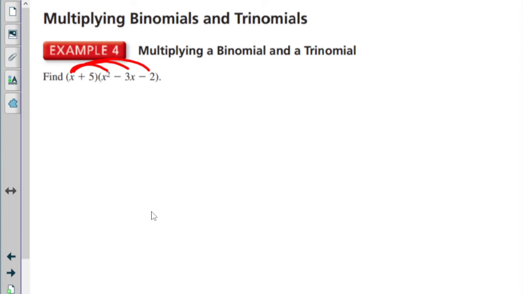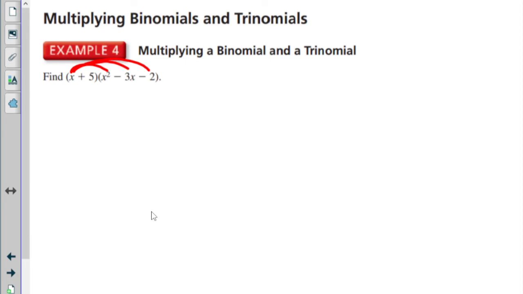So we have an x times an x squared. Remember, x squared is x times x. So x times x squared is x times x times x.